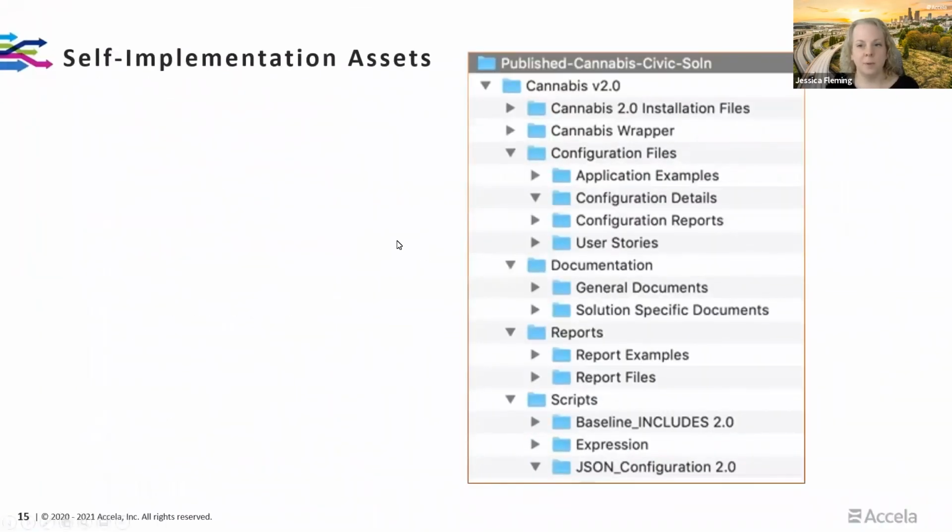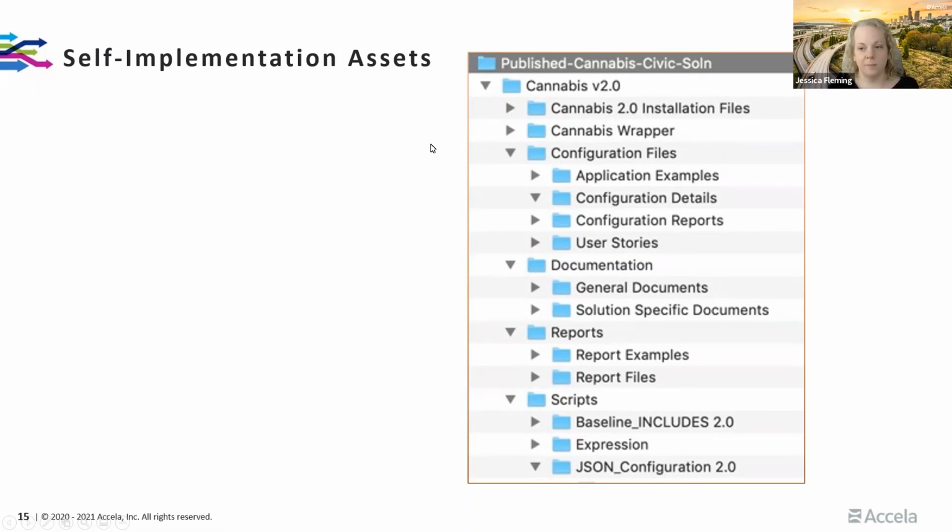This is a little more information on what the tree looks like for implementing the Civic application solution. It gives you a high-level overview of what is in there. You can see that we have installation files and wrappers, and configuration files that give you the details around the reports and the applications. We also have documentation that gives you that solution-specific info.